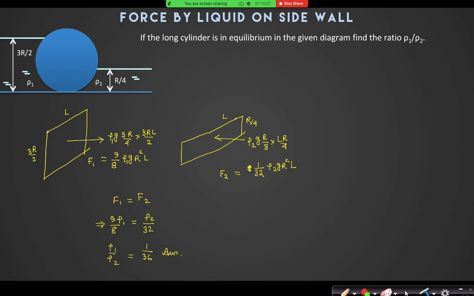Long cylinder means it is coming out of the plane or going into the plane very long, so that these liquids do not mix up. Otherwise, on the other side, back side or front side, there would also be a liquid. So that is why this is a long cylinder.